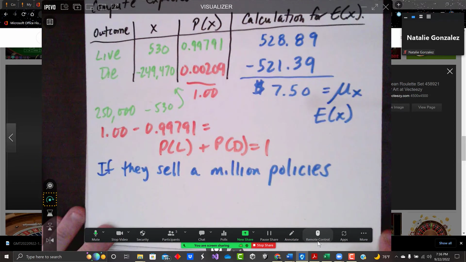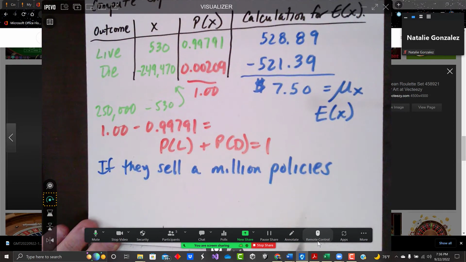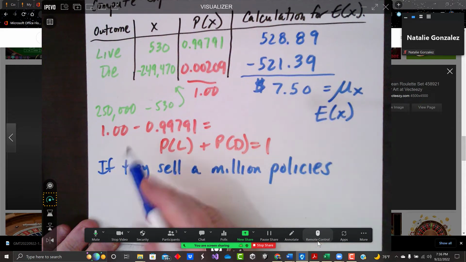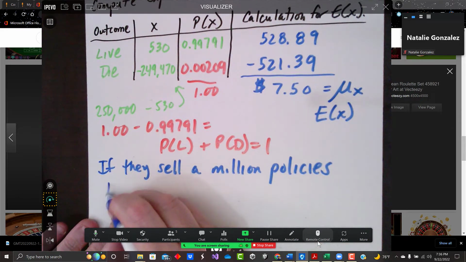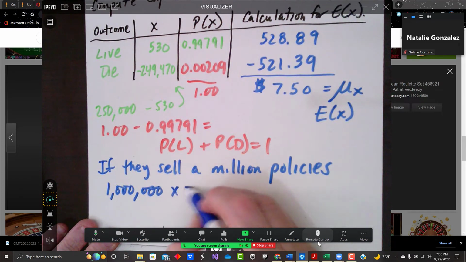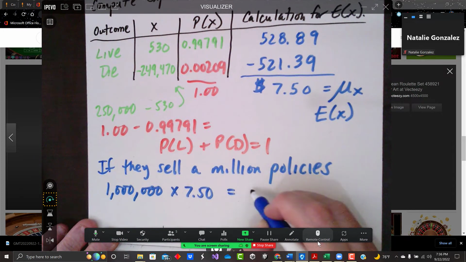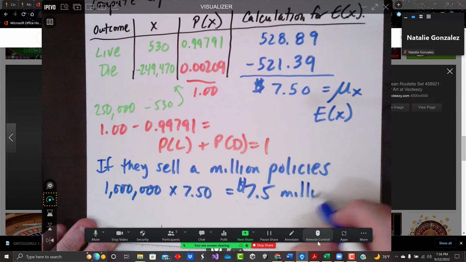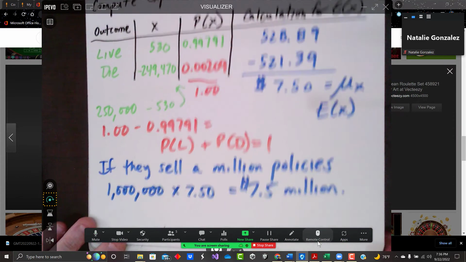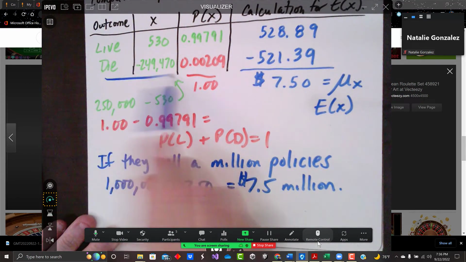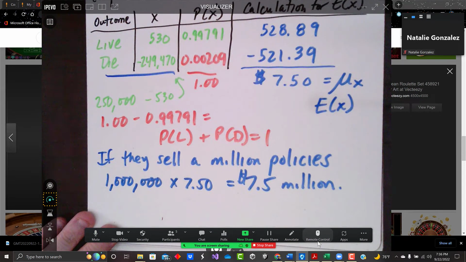They need to sell a lot of policies. They sell 1 million policies. Each policy on average is going to pay them $7.50. 1 million times $7.50 is $7.5 million. That's after accounting for the deaths. Life insurance is a lucrative business.